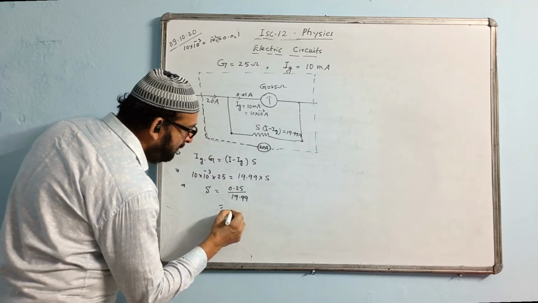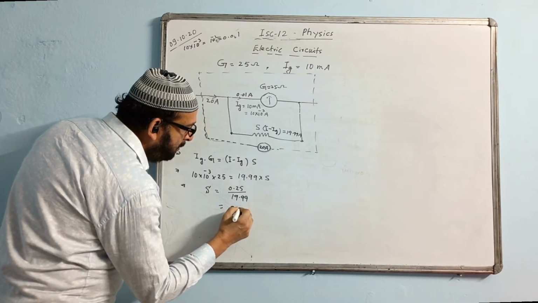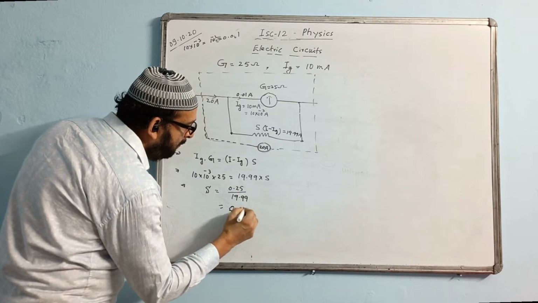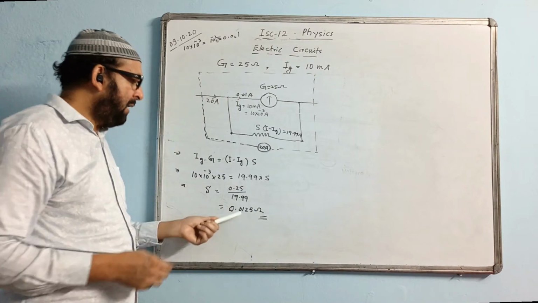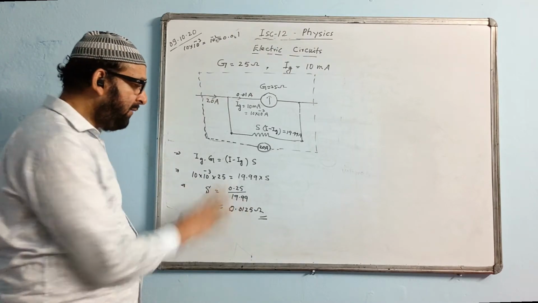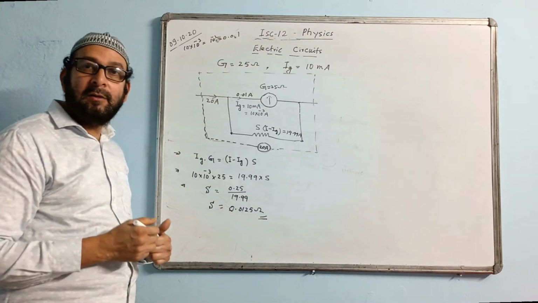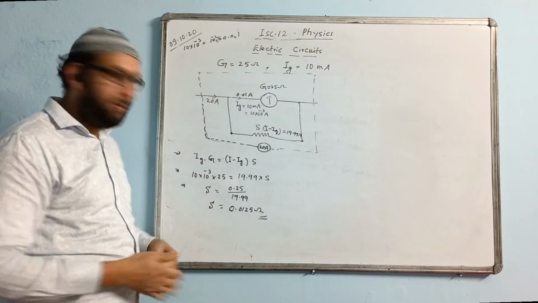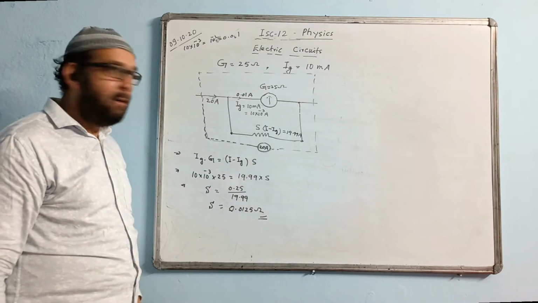I guess the answer will come 0.0125. There may be a mistake in calculation, we will check, but the value will come very less. What is the value of S coming? The value has to come very low. It's coming 0.0125, very low.